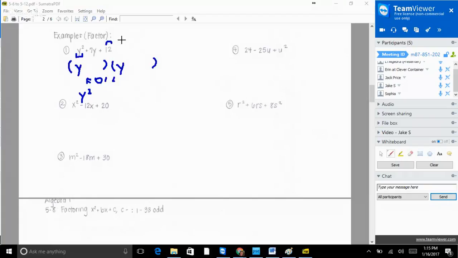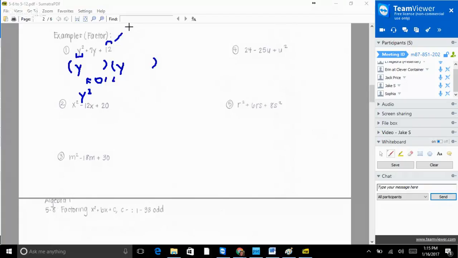All right. Then we go to our last term. So we have a 12, right? We think of all the ways that we can multiply to get 12. And this is why at the beginning of chapter 5 we talked about all the factors of a number. I think it was even on your quiz, give me all the factors of 64. That's why we did this work, because I need to know all the ways to make 12.